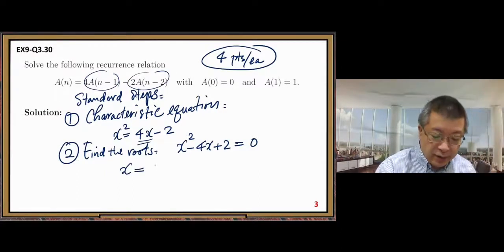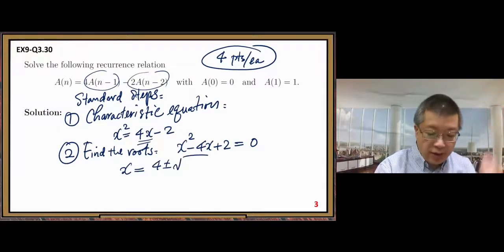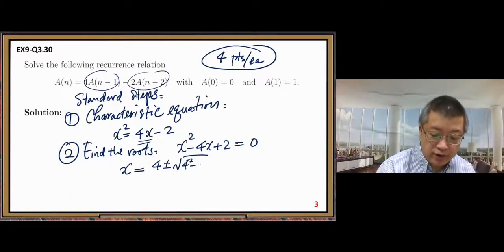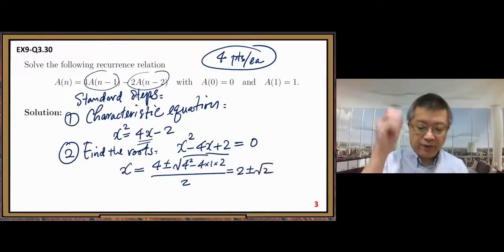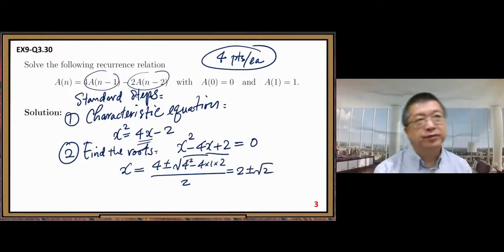Negative b, that's 4, plus minus root b squared, 4 squared, negative 4 squared, so still 4 squared, minus 4 times 1 times 2, right? Over 2a, so 2. So let's do simplification. 2 plus minus, so 4 cancellation, 4 minus 2, root 2. So that's step 2.